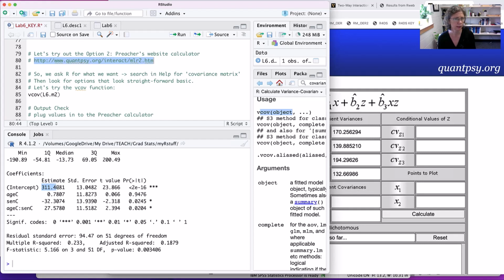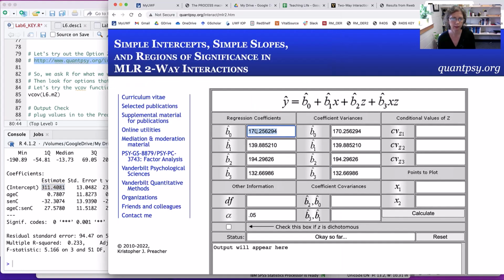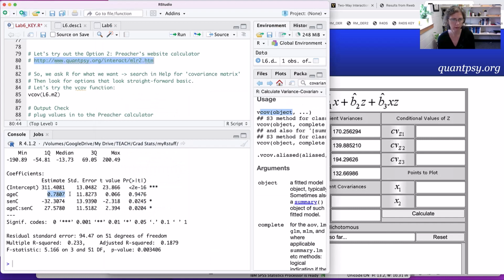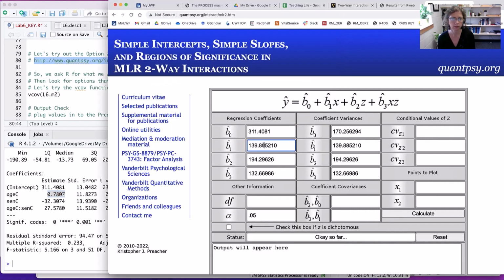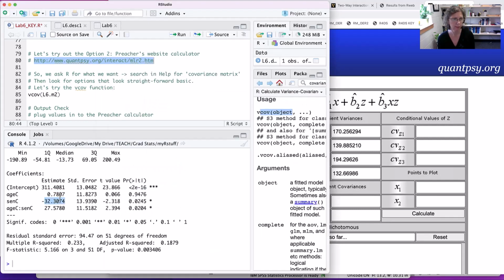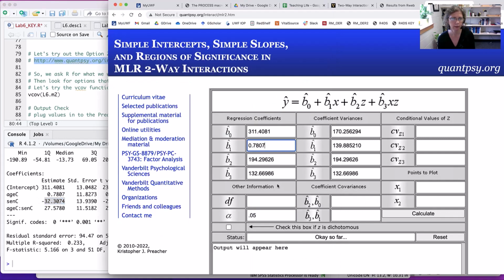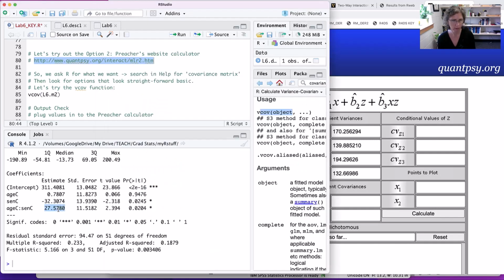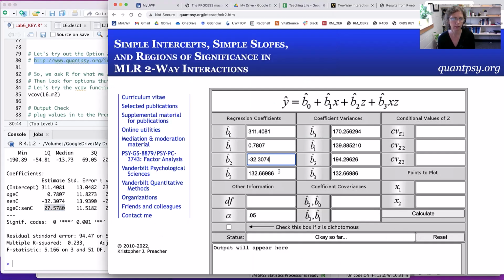So there's my intercept. That's what was supposed to be here. And I need to get my negative because it didn't grab there. So negative and then paste. Copy and paste. So I got those.